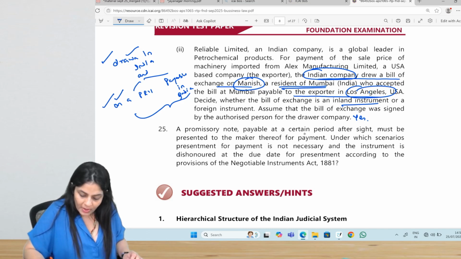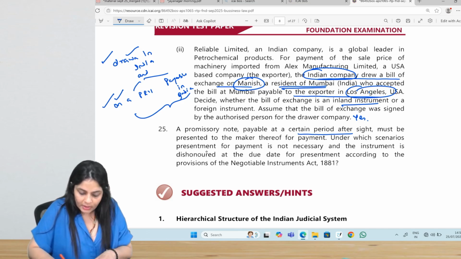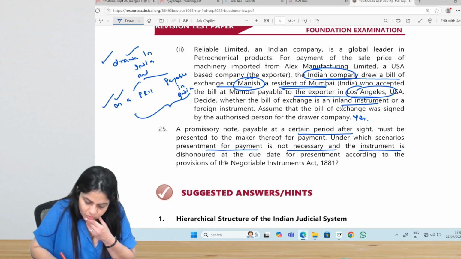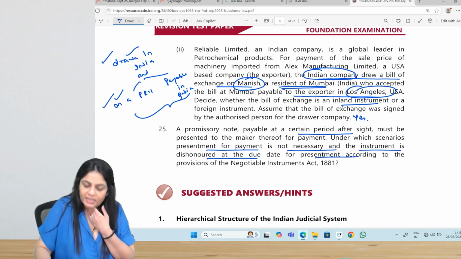A promissory note payable at a certain period after sight must be presented to the maker. Under which scenario is presentment for payment not necessary and the instrument is dishonored at the due date for presentment?